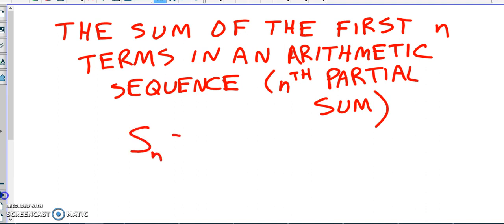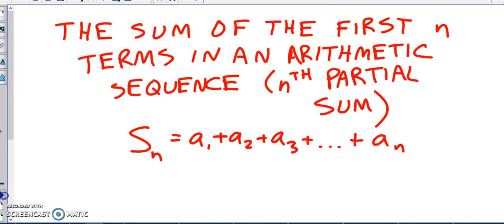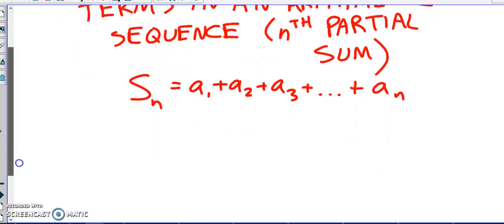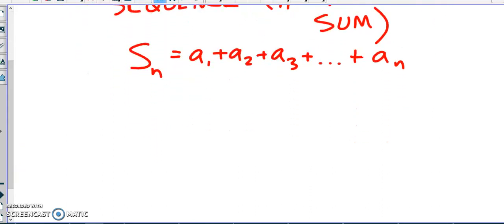So Sn equals A1 plus A2 plus A3 plus ... plus An. Now, it would be useful if I could come up with a formula for this. And we can. So, consider this. I have Sn.